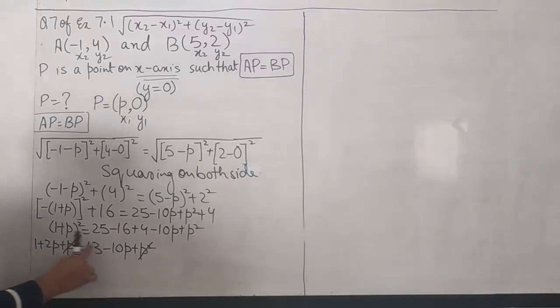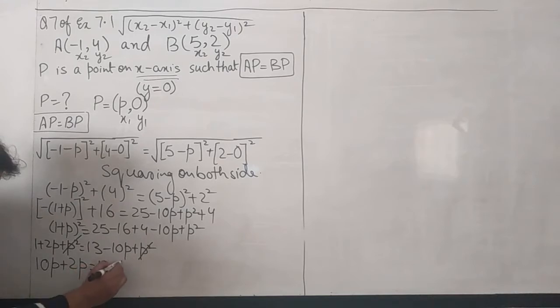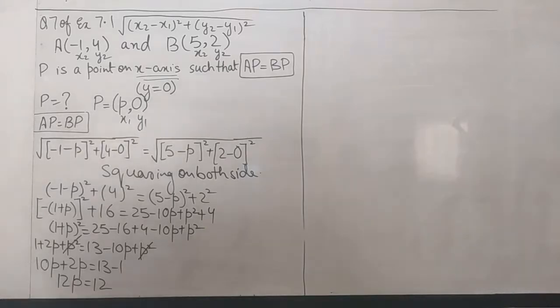So what will happen when I shift minus 10p over here? That will become 10p plus 2p, and shifting 1 over here, so 13 minus 1. 10p plus 2p will be 12p, and 13 minus 1 will also be 12.